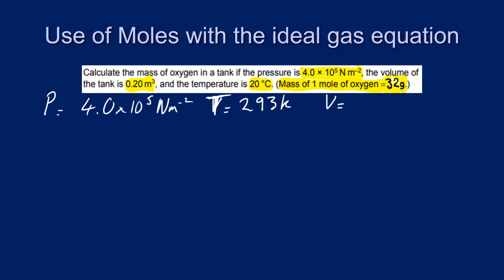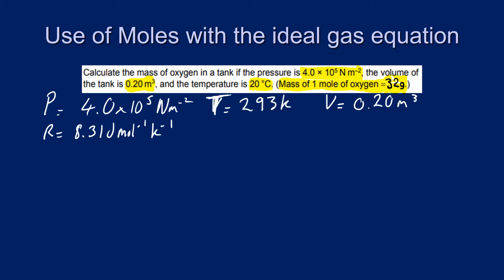Volume is 0.2. We're going to use the gas constant R because we're going to use PV equals nRT. So that's 8.31 joules per mole per Kelvin.